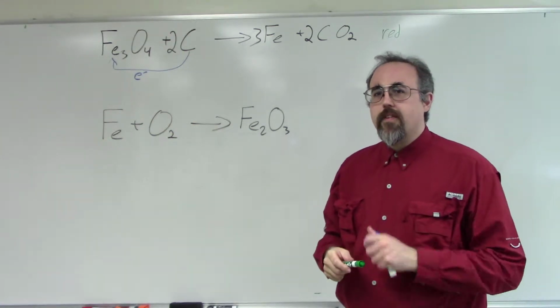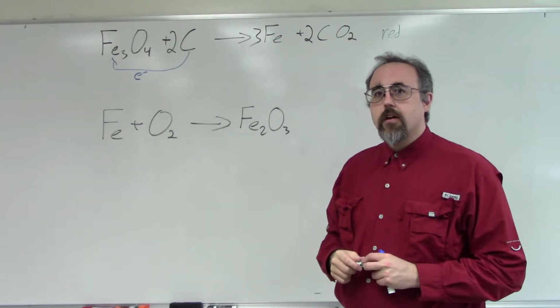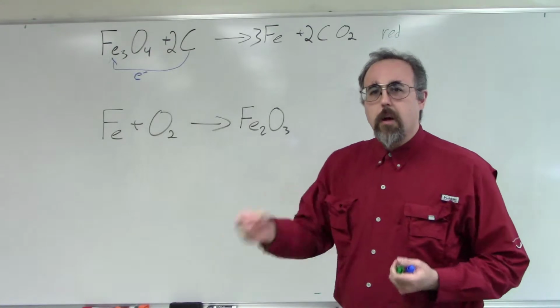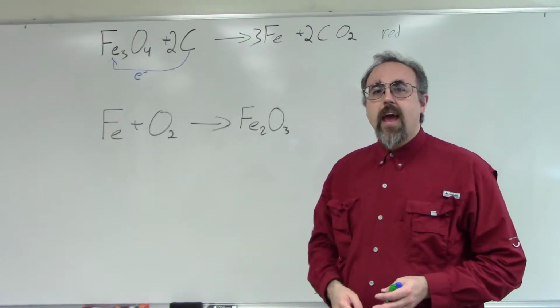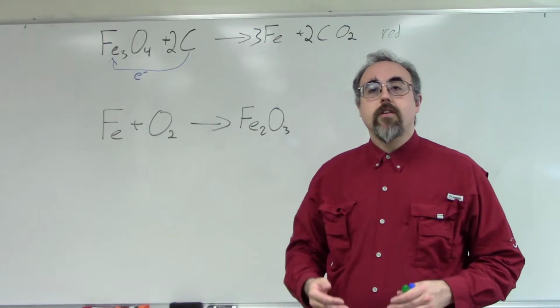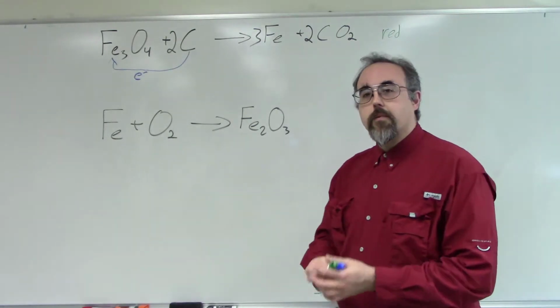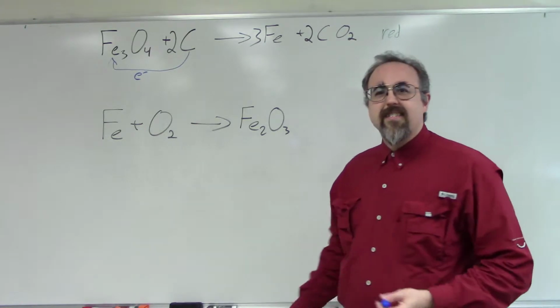Now, you're probably thinking something fairly straightforward. Hey, wait a minute, didn't the carbon give up its electrons? So it's got to be involved in this somehow too. And to think about this, we like to go back to the metallurgists for another reaction that they would look at. This is a classic reaction.